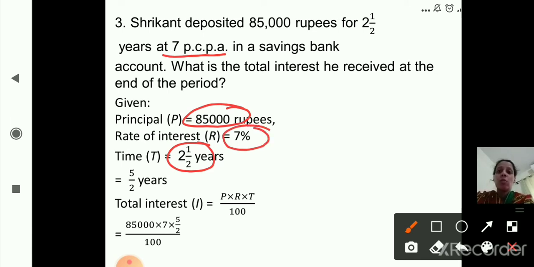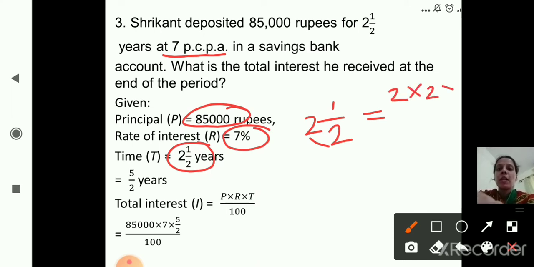Now see here, it is given 2.5 years. This is a mixed fraction, so we will convert this mixed fraction into a simple fraction, so it's easier to calculate later. We have studied this in the previous lesson. So 2 multiplied by 2 plus 1 upon 2. 2 2s are 4 plus 1, that is 5 upon 2.